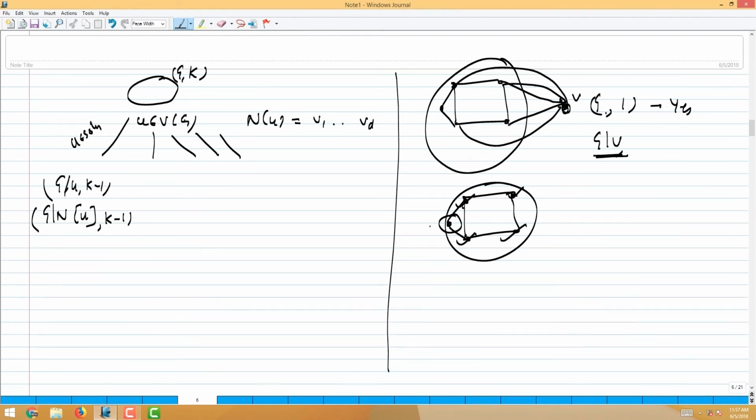So basically what we can try to do is, if we decide to put V in the solution, just mark all its neighbors. And what does this marking say? This marking says that all the marked vertices have already been dominated. So now we'll be solving a slightly different problem. It's not really a dominating set.